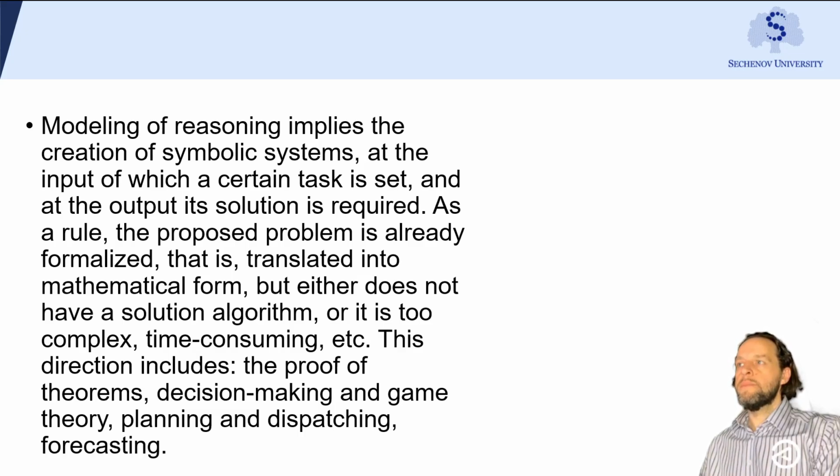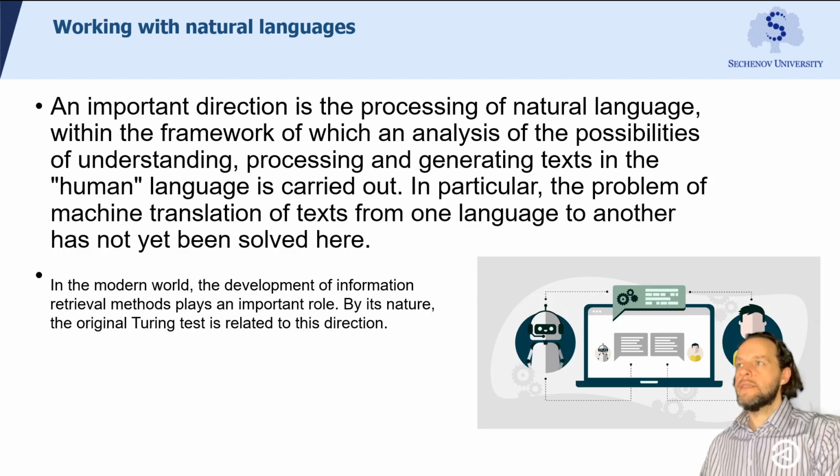Modeling of reasoning implies the creation of symbolic systems for certain tasks, and these systems should be able to process information with complex algorithms and apply theorems for decision making, game theory, planning, dispatching, forecasting, and so on.